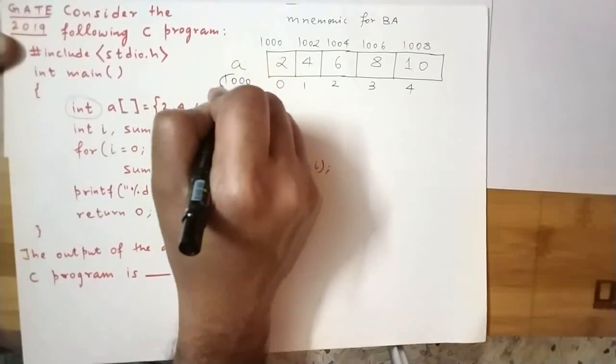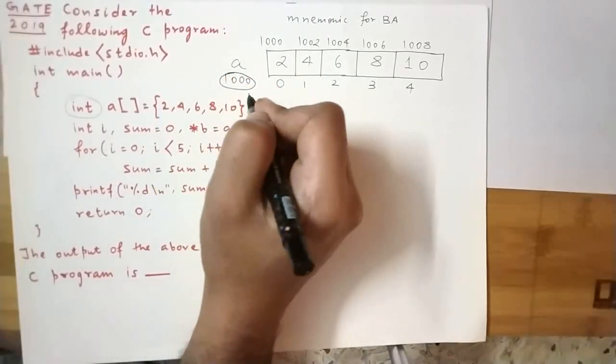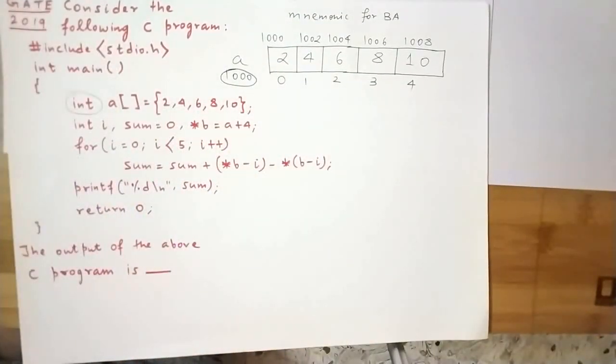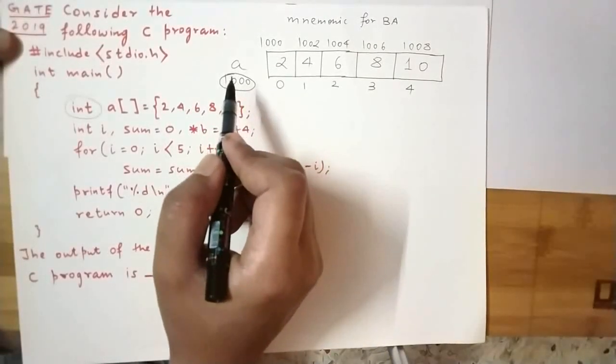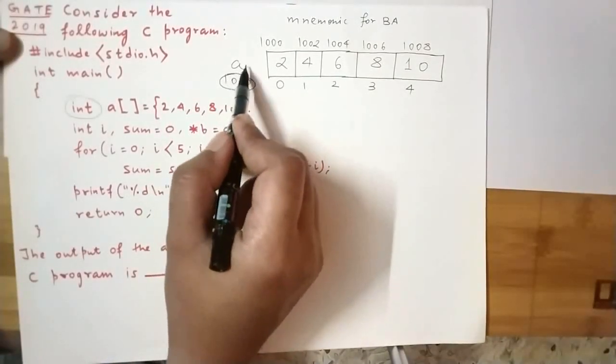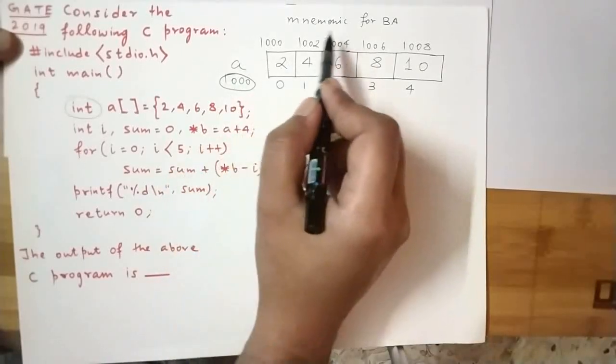The name of the array is a mnemonic. I keep on repeating this every time I take up a question on arrays and pointers. I make it a point to emphasize that the name of the array is a mnemonic for base address, which also makes it a constant pointer. Why am I saying that it's a constant pointer? The name of the array is a constant pointer because it is a mnemonic for base address.